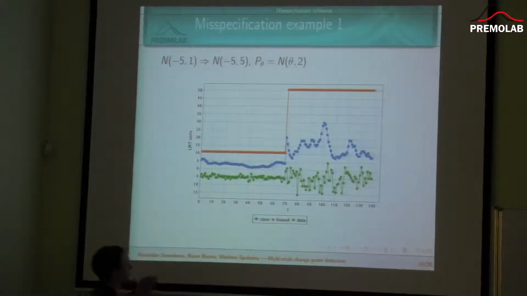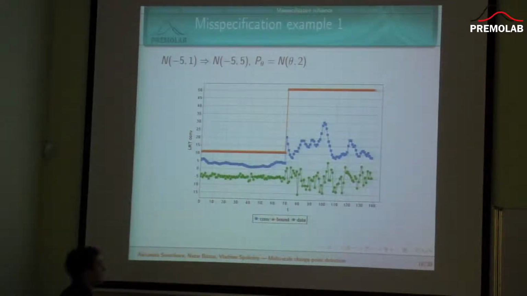So as you can see, when we increase the variance, the statistics could easily overcome the critical value, and even if the model is only looking for changes in mean, it will also find changes in variance.